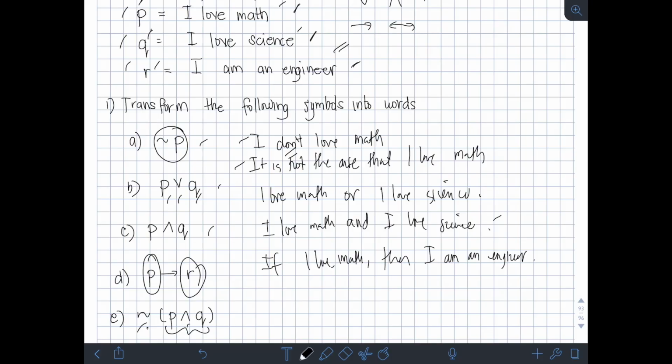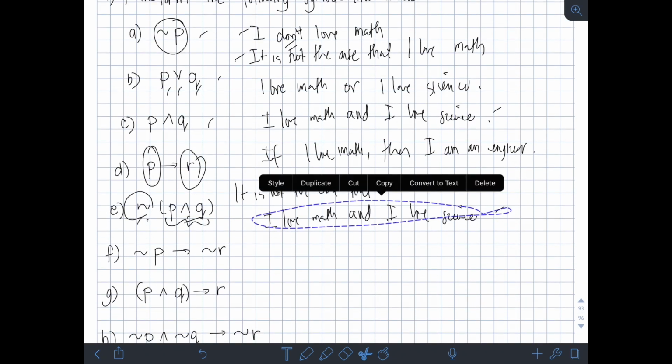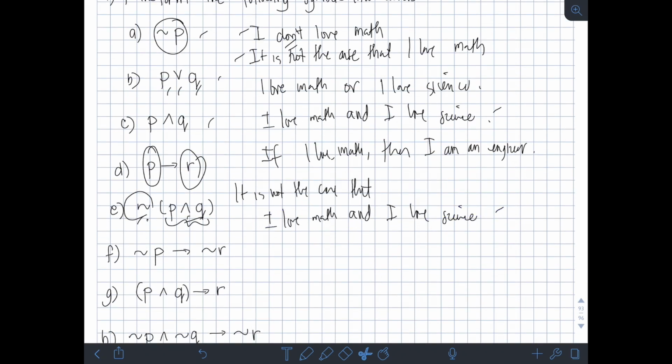I love math and I love science. So, yung nasa loob, yung P and Q. Kaso may negate. So, pwede natin gawin is, it is not the case that, ito na yung I love math and I love science. Okay? It is not the case that I love math and I love science.